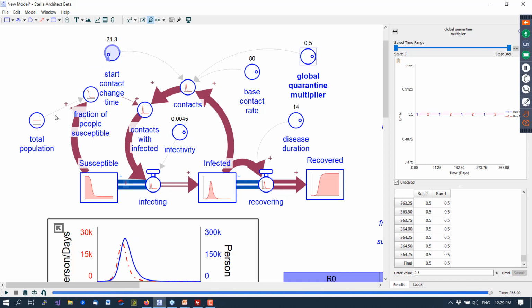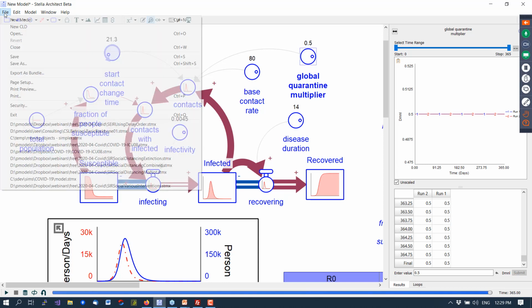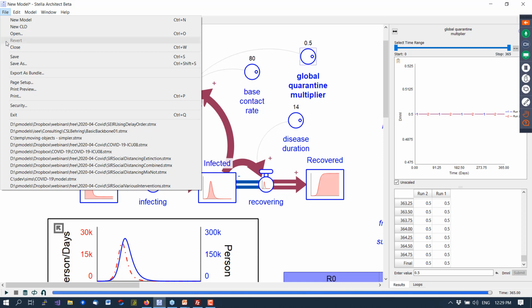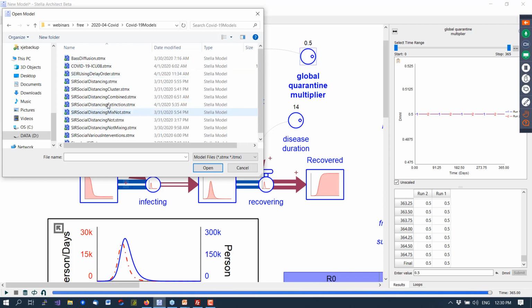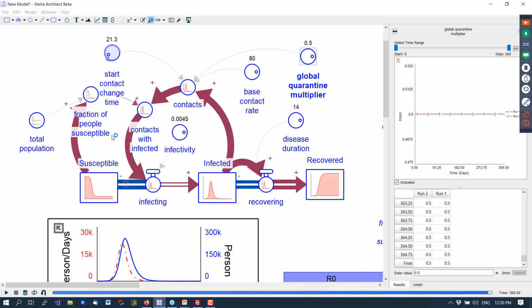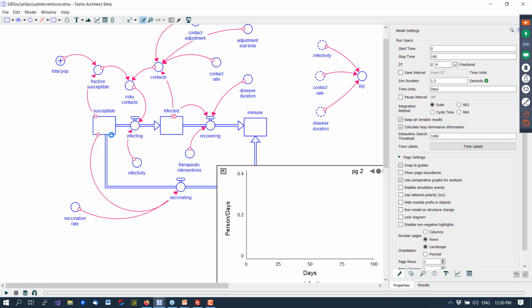Now, the other kinds of interventions you can do in this model, and I'm going to, at this point, for the sake of time, pull up a model that has a whole bunch of interventions in it. So I'm going to open models. I have SIR, various interventions.